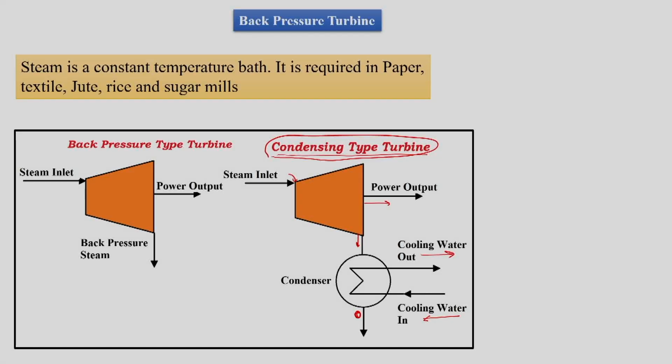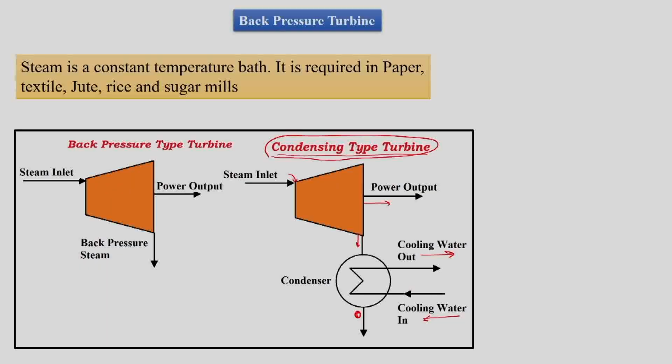Such a constant temperature source is very much required for various applications in industries like paper, textile, jute, rice, sugar mills. So in such cases we need wet steam or dry saturated steam for various drying or other applications.